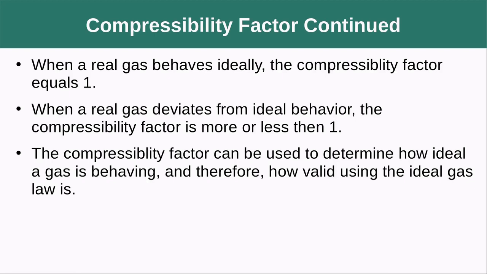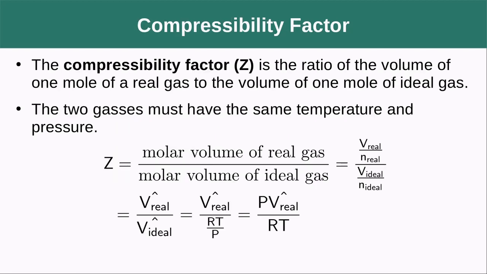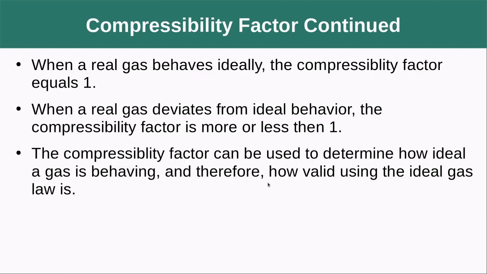When a real gas behaves ideally, the compressibility factor is going to equal 1. This numerator is going to be the same as the denominator here. When a real gas deviates from ideal behavior, the compressibility factor is more or less than 1. The compressibility factor can be used to determine how ideal the gas is behaving and therefore how valid using the ideal gas law is.